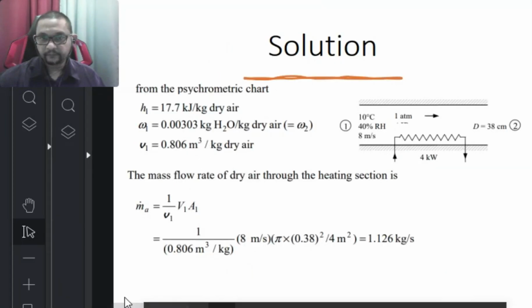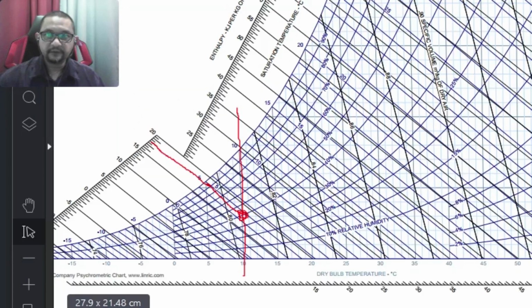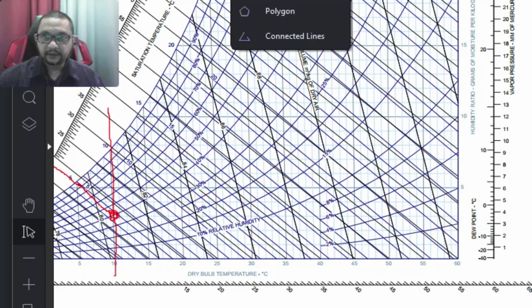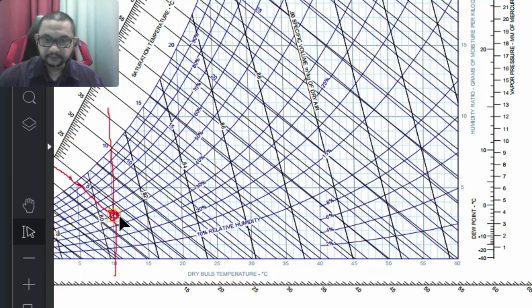Omega 1 is 0.003. How do we get 0.003? Slide a straight line across to omega, the specific humidity. You sketch a straight line from this intersection and it will touch the value of 3.